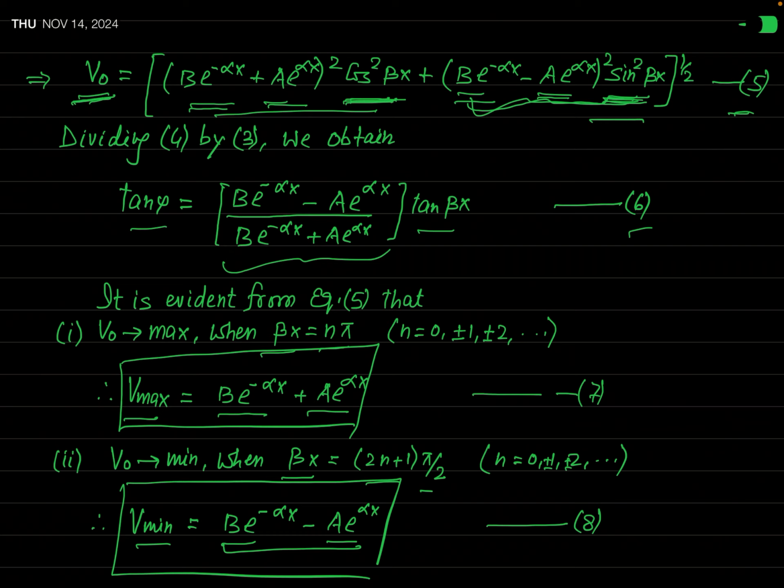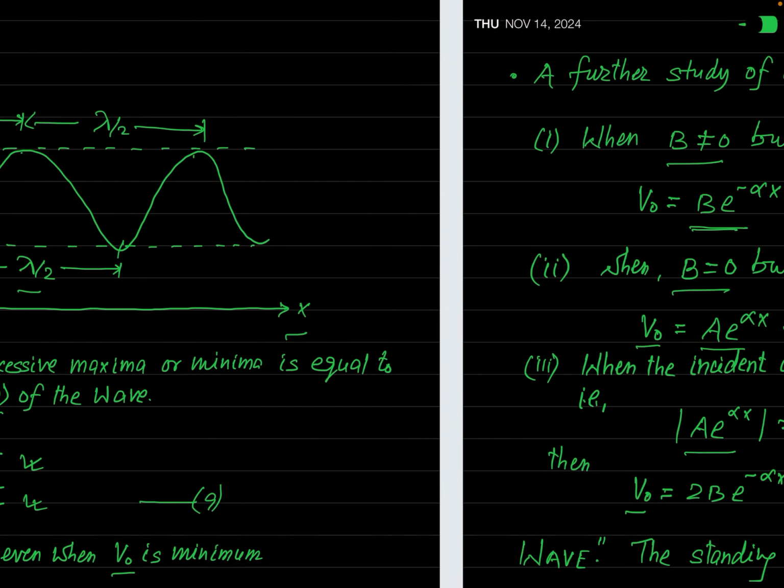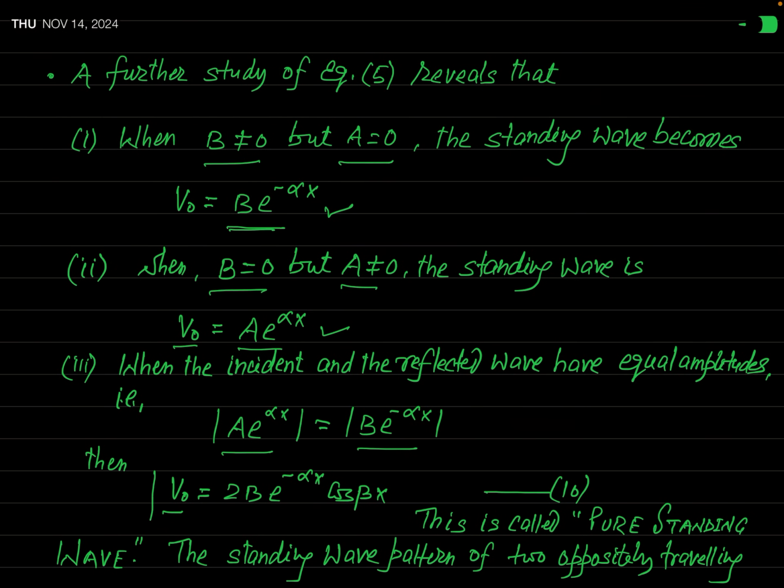So it is evident from this equation 5 that when you consider the amplitudes of the two superposing waves, that is the incident wave and the reflected wave, to be equal, then V naught will be simply equal to 2B times e to the power minus alpha x times cos beta x. Actually, this is the equation of the standing wave in this very condition. In fact, this equation is for a standing wave which is called a pure standing wave.